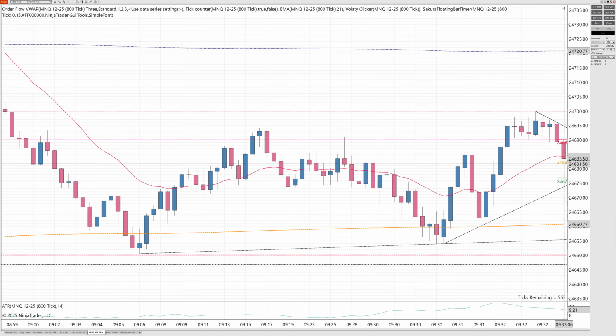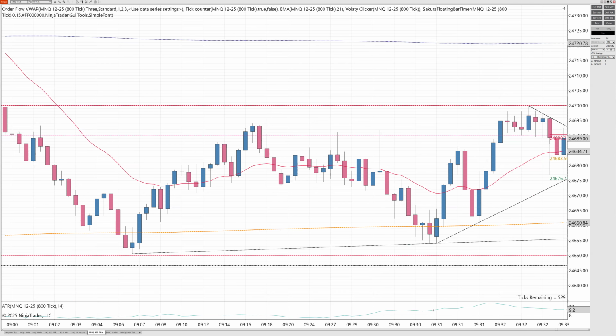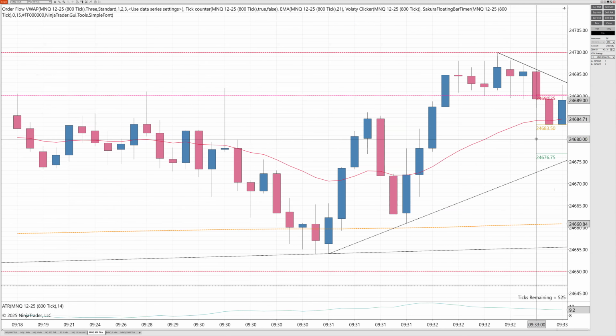Typically this trade should work more often than not because we got a rejection up here and we're moving down. But I believe this one actually never triggered. So if it did trigger, we would have taken it down.